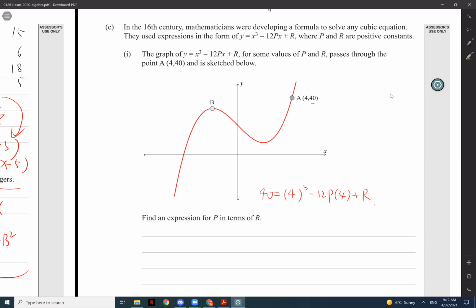They ask you to find P. 48 P equals 24 plus R, so P equals 8. This is called substitution in algebra.